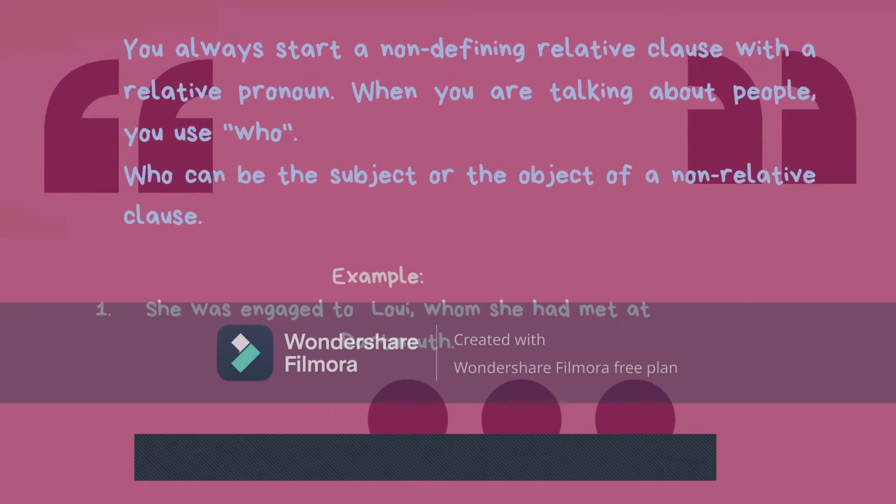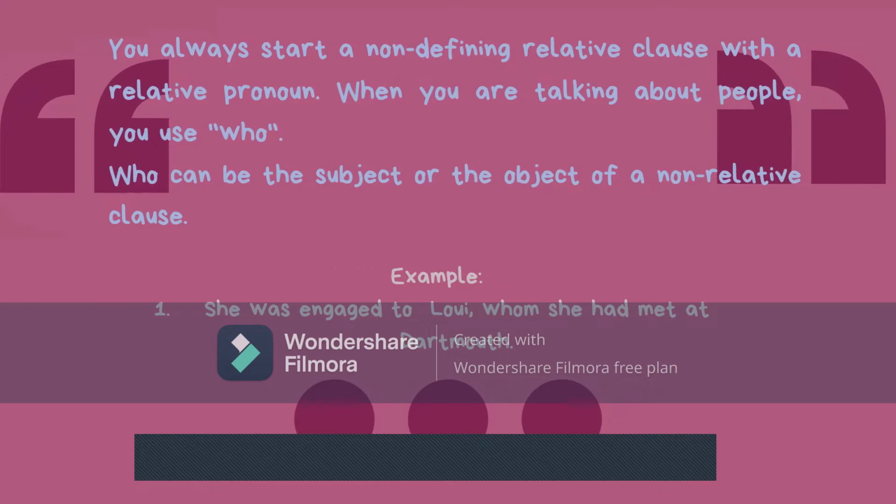Right, and here we can say that we always start a non-defining relative clause with a relative pronoun. In this case, we are using who. Or like in the last example, we are using which. There are five relative pronouns that we can use. For example, who, we use it with people.